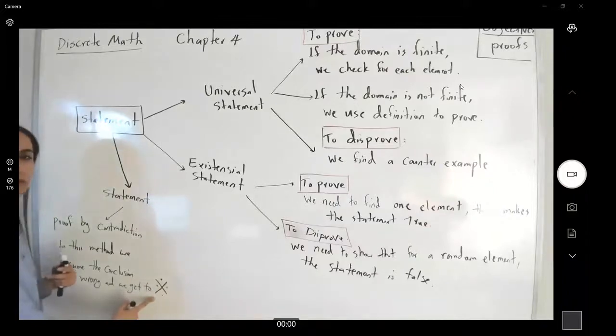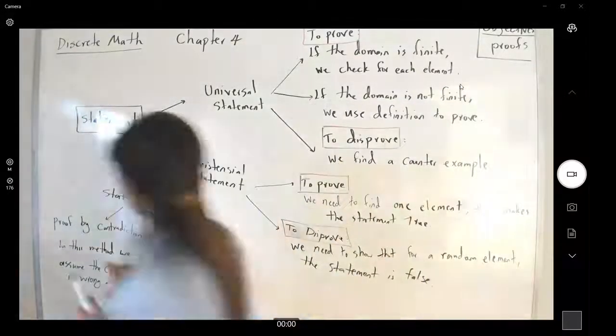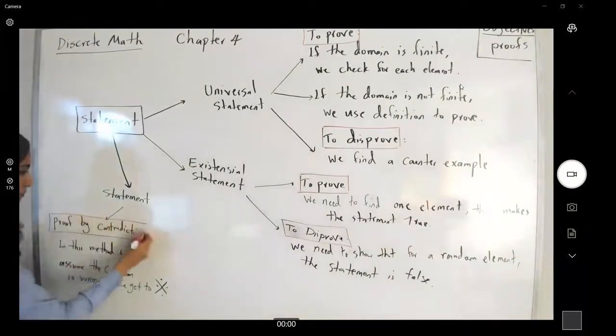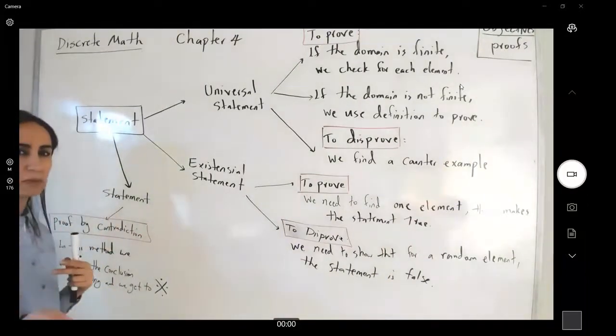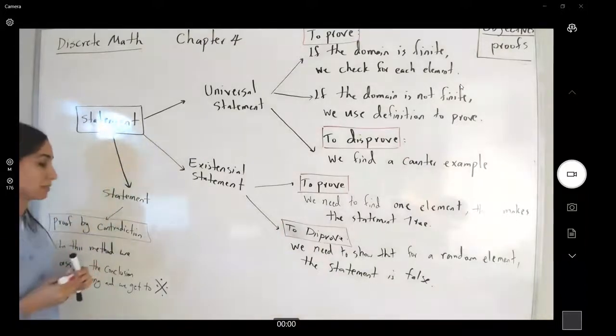We usually denote contradiction by this symbol. So proof by contradiction is the name of this method. It's not a universal statement, it's not an existential statement. Sometimes it works for those as well.